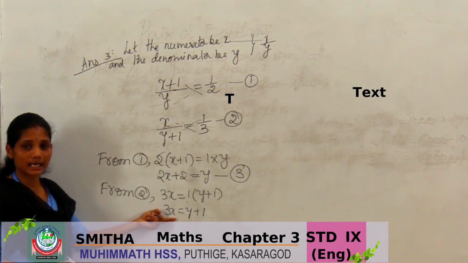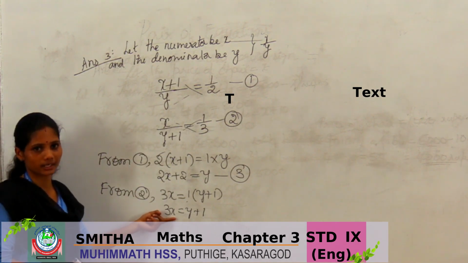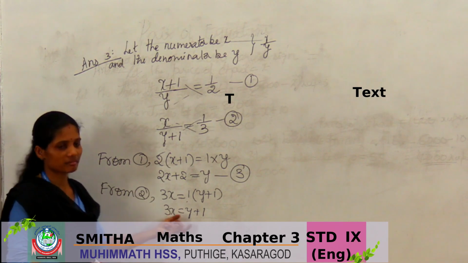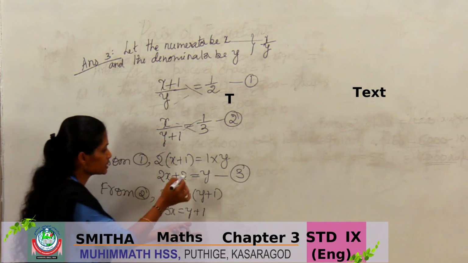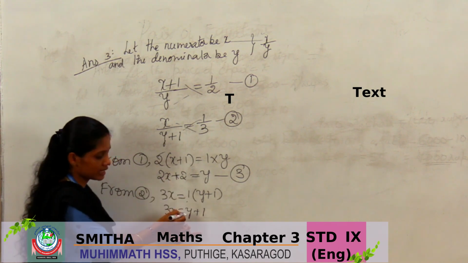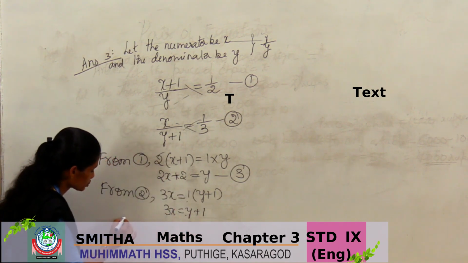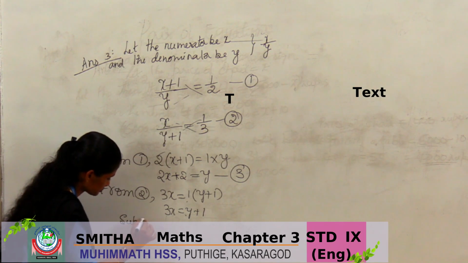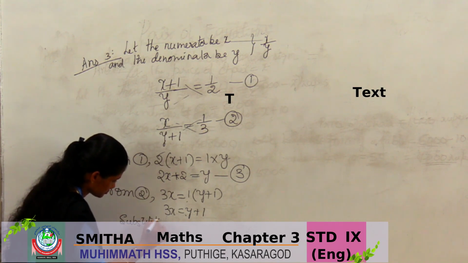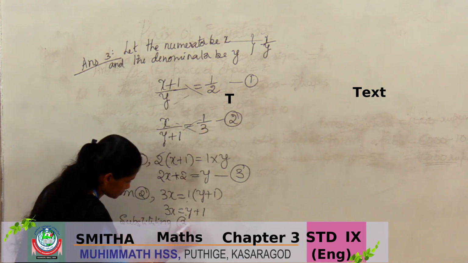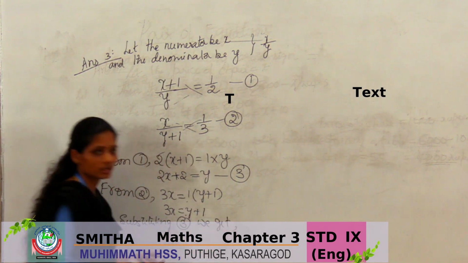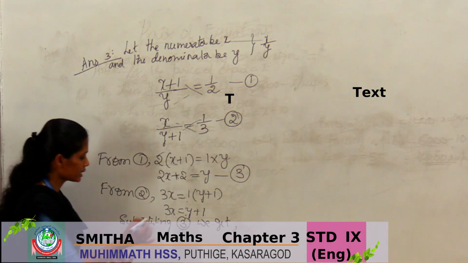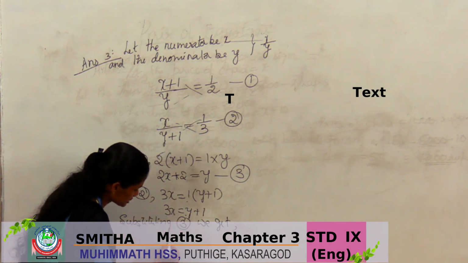Now here we follow the substitution method. There are x and y, so we follow the method of substitution. Substitution means substituting the value from 3 here. Substituting 3, we get 3x as it is.